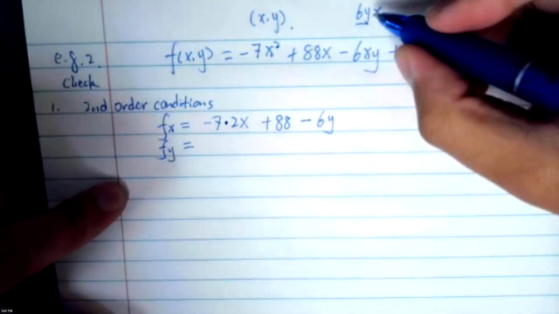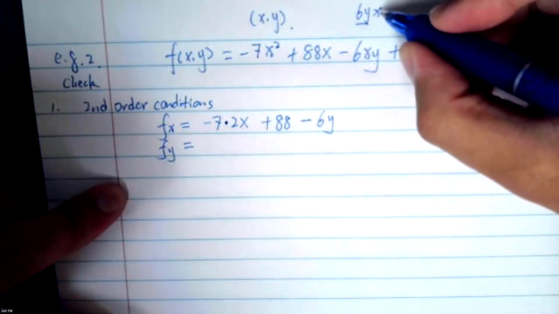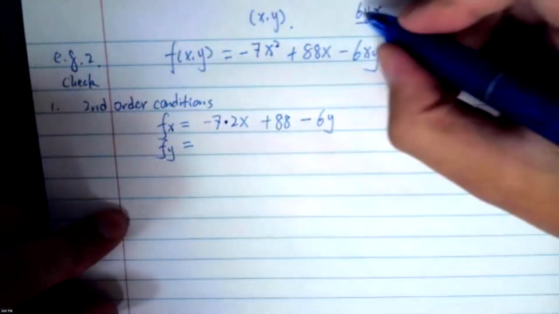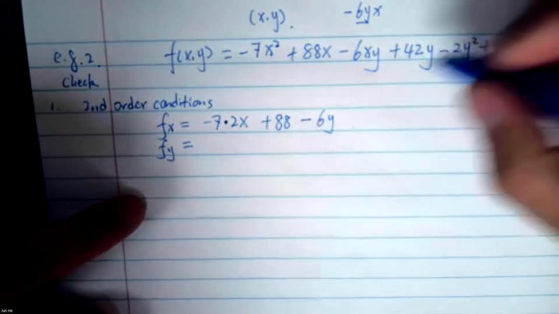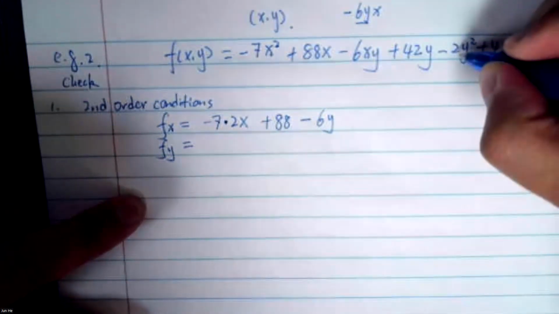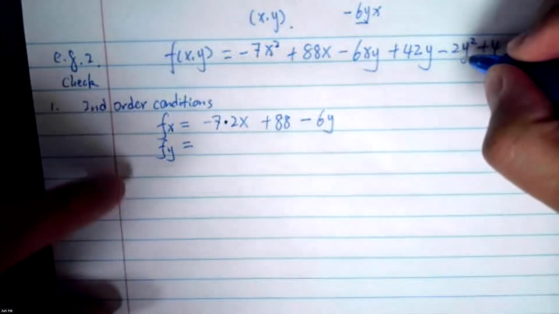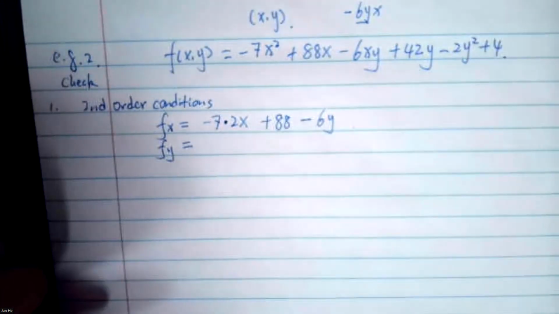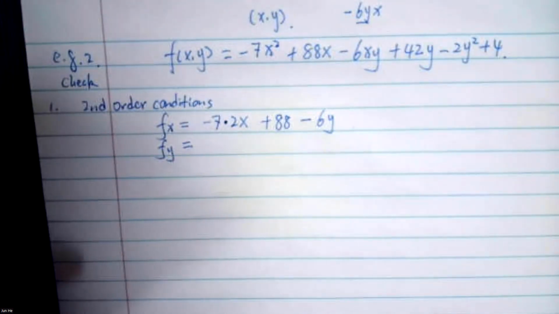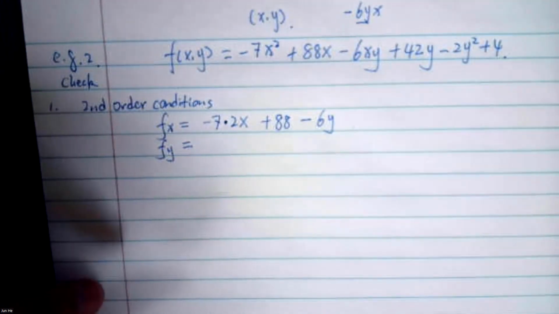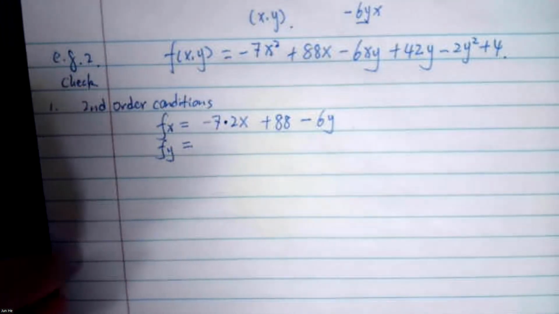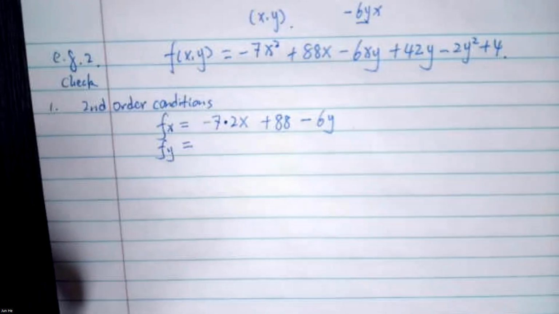And 6y is a constant multiplier to x, so its derivative is minus 6y. Okay, and then 42y, that's a constant to x. Minus 2y squared, that's a constant to x, plus 4, that's a constant to x. So the last three terms are disregarded because their derivatives are just 0 with respect to x.